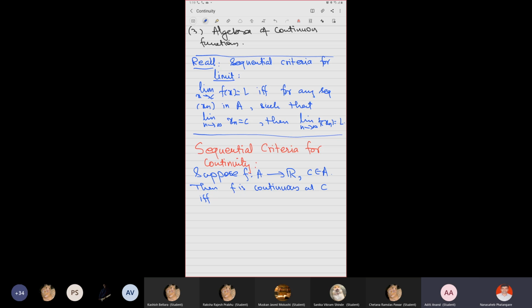Yes. So for any sequence xn in A, if the limit of xn is equal to c, then the limit of f of xn is equal to f of c. Right.